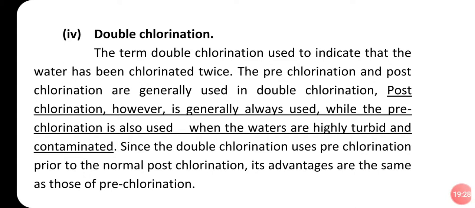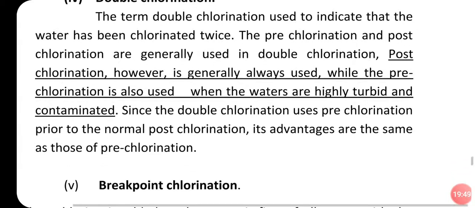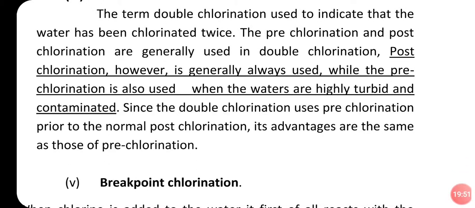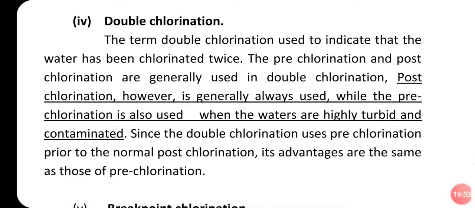Since double chlorination uses pre-chlorination prior to the normal post-chlorination, its advantages are the same as those of the pre-chlorination. So the post-chlorination advantage and the pre-chlorination advantage are both the same. The only thing is, two times treatment will give more security, more advantage. So this is all about double chlorination.